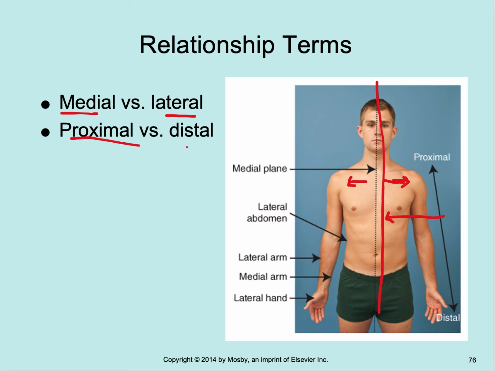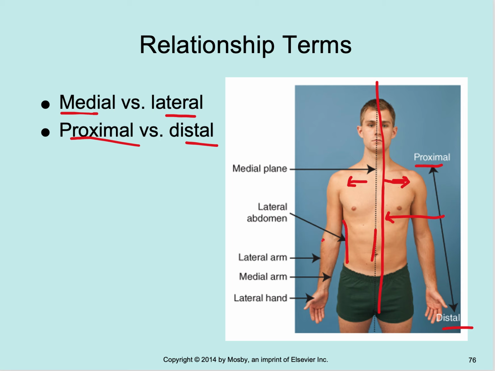So proximal versus distal as well. So this up here is proximal, this down here is distal. So you can also talk distal or proximal, and then you can talk medial or lateral. So as they've pointed here, this is your lateral abdomen because this is your medial abdomen.